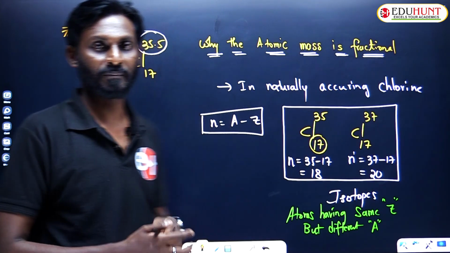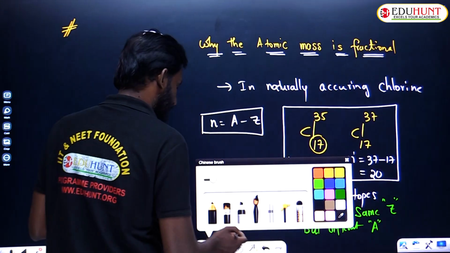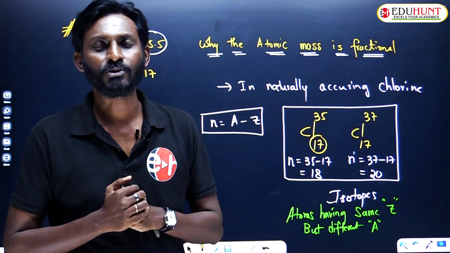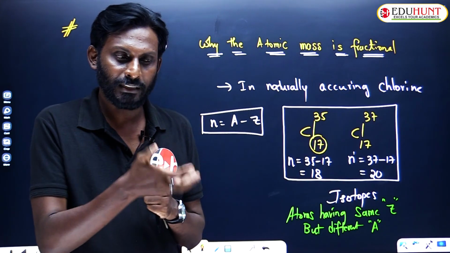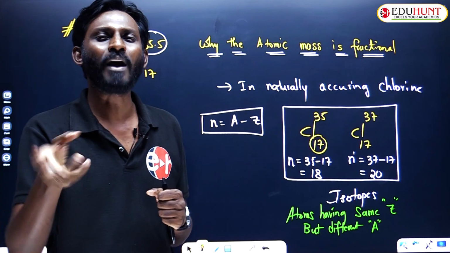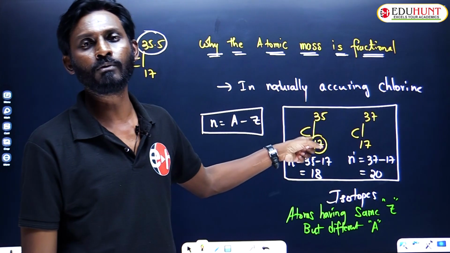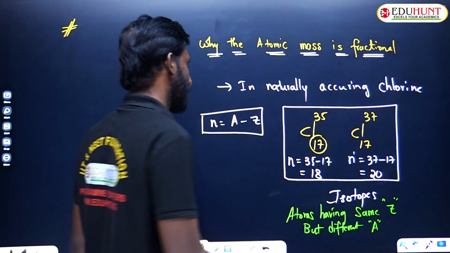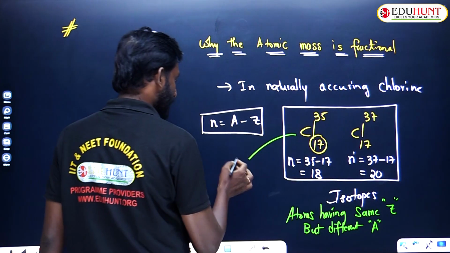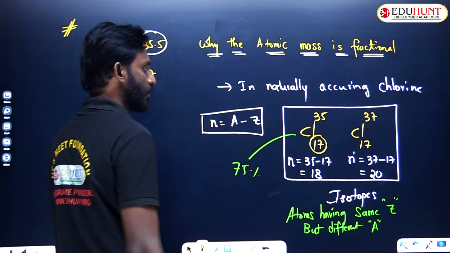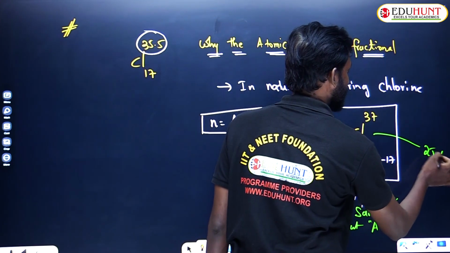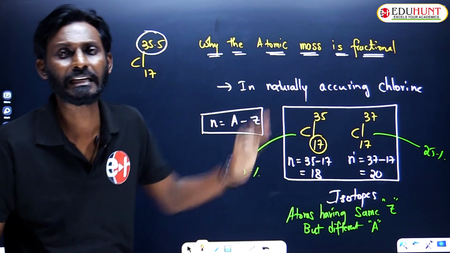Okay, that is called the percentage of abundance. So that is the practically studied value. You have to take the naturally available chlorine to the laboratory, and do some experimental studies to find out what percentage of chlorine is this type and what percentage is that type. Suppose the practical data is telling you chlorine has almost 75% of Cl35 isotope, and the rest, 25%, is Cl37.